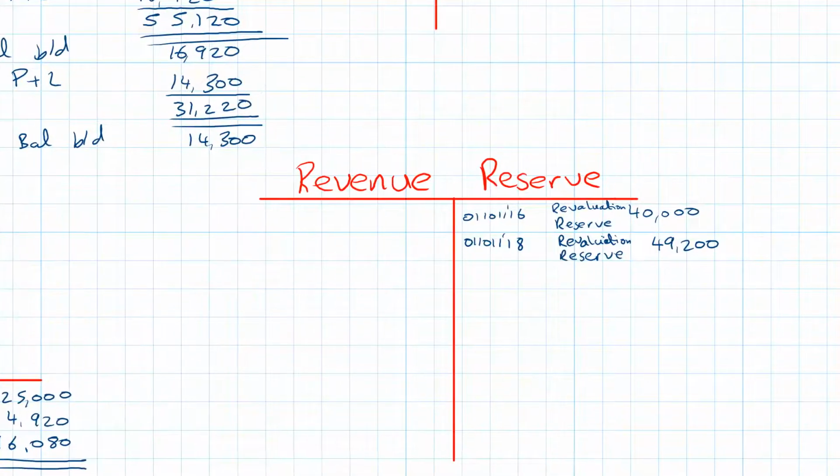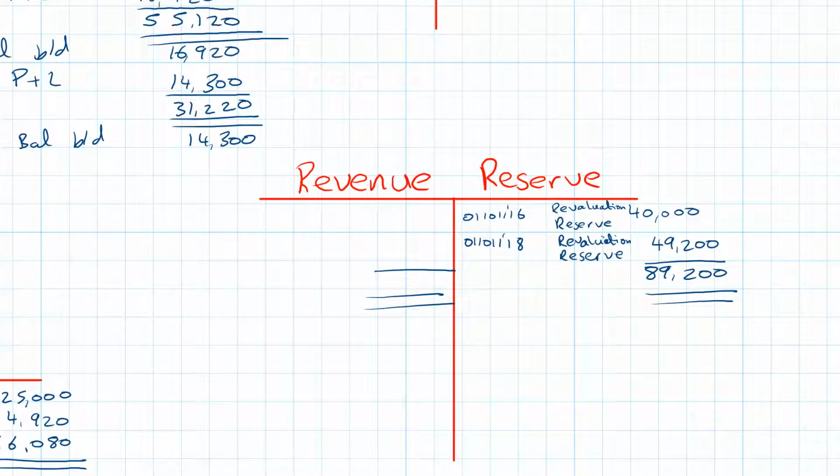Now we need to balance our revenue reserve. So it's going to be 89,200 for revenue reserve. So this is a realized profit that's going to be added to our finance by section.